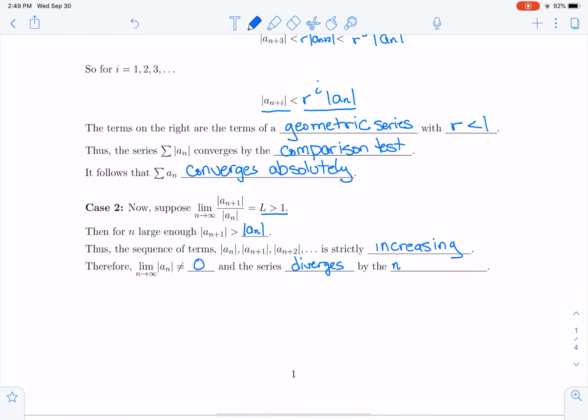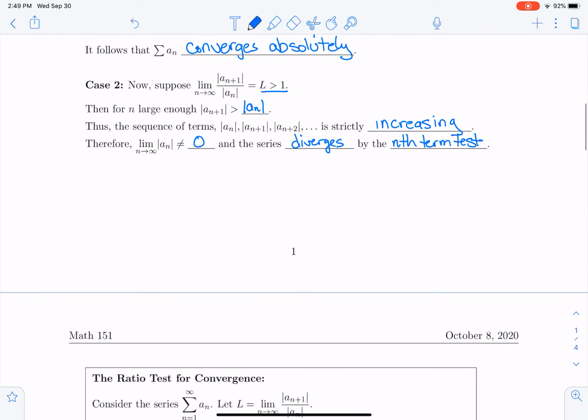It diverges by what we called the nth term test. Okay, so this gives us a second case for the ratio test. It says that if the limit of the ratio of the terms is some number L that's bigger than 1, then the series must diverge.